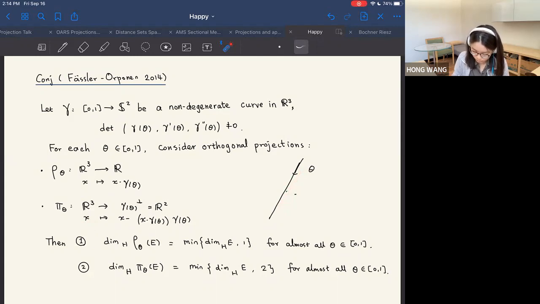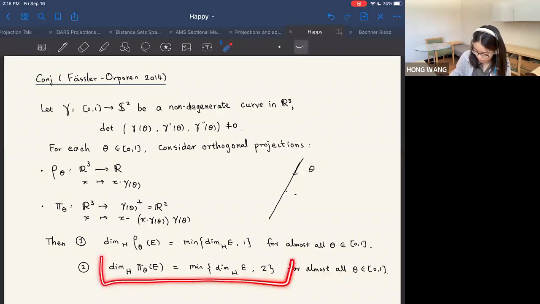Then they conjectured that the Hausdorff dimension of rho theta E equals the minimum of the dimension of E and 1 for almost all theta in the unit interval. And the Hausdorff dimension of pi theta E equals the minimum of the Hausdorff dimension of E and 2 for almost all theta.